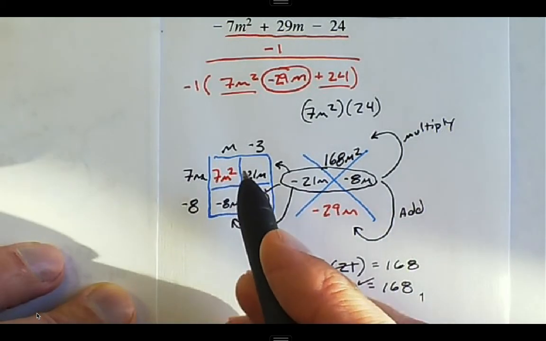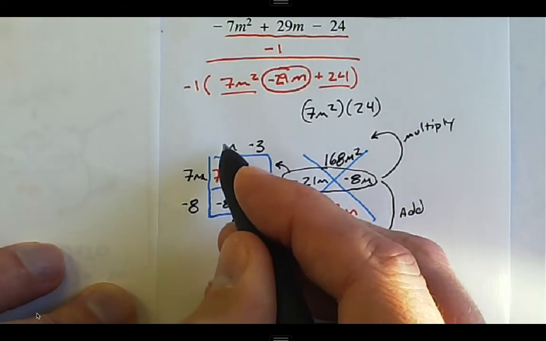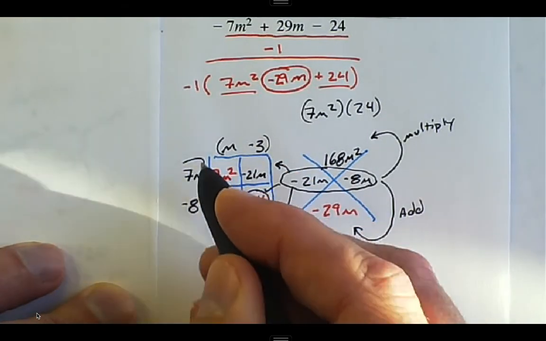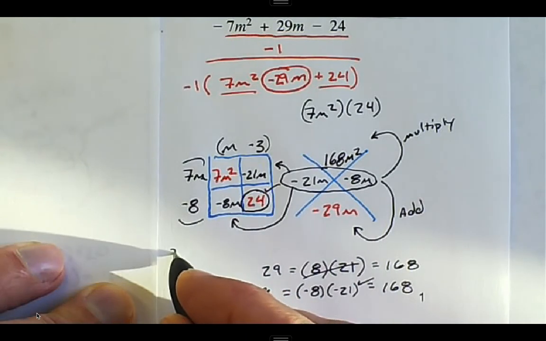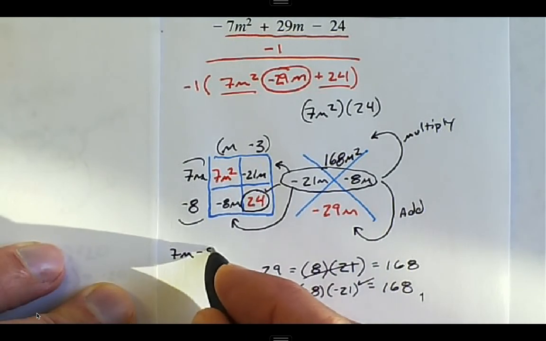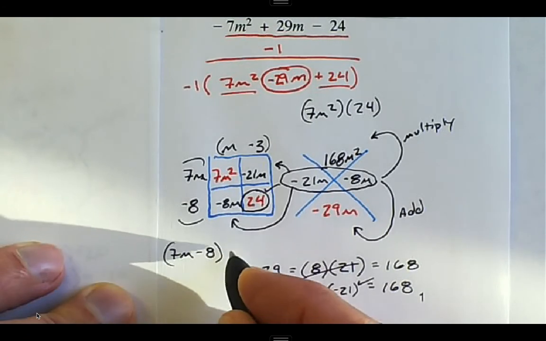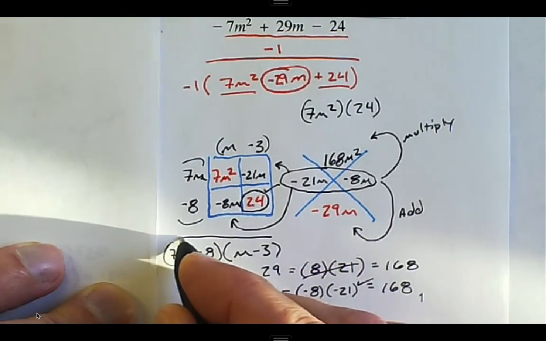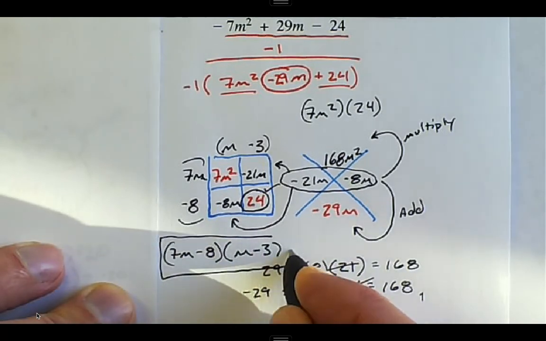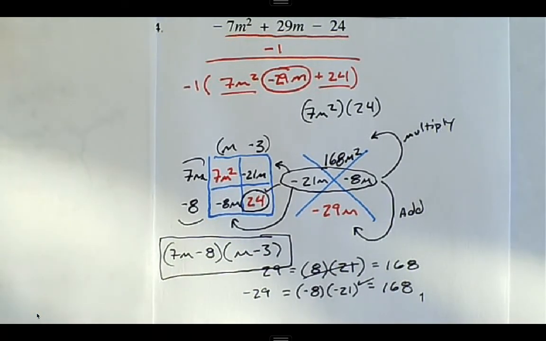And then we know that these are the factored form. So we have our two binomials here. So the final answer is 7m minus 8 times m minus 3. And that is how we can use the box and X method to help us factor.